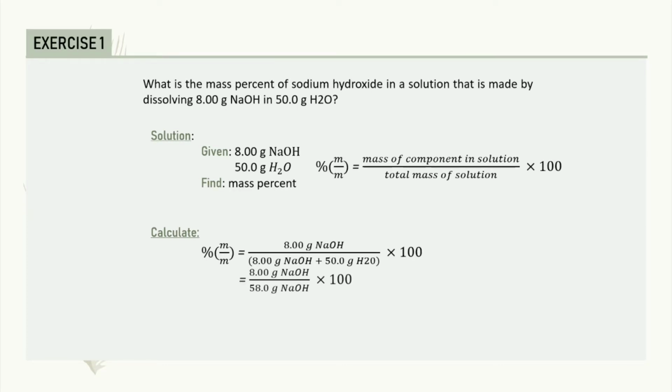It will become 8 grams divided by 58 grams times 100. The result is 0.138 times 100, and the final answer is 13.8% of sodium hydroxide in a solution.